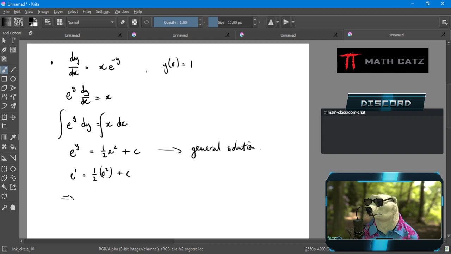And that tells me that c is equal to e. So my solution in equation form is e to the y equals 1/2 x squared plus e. And there's my particular solution.